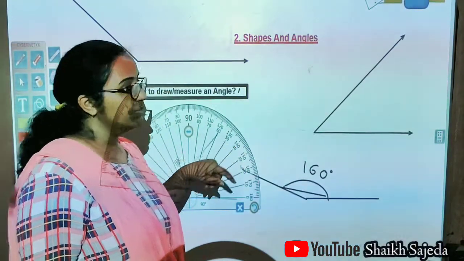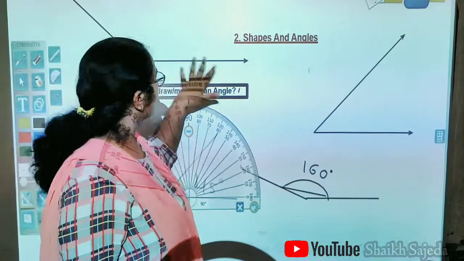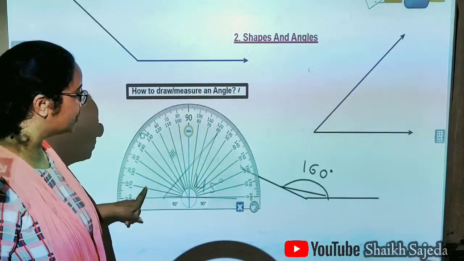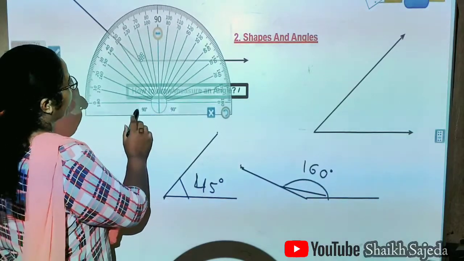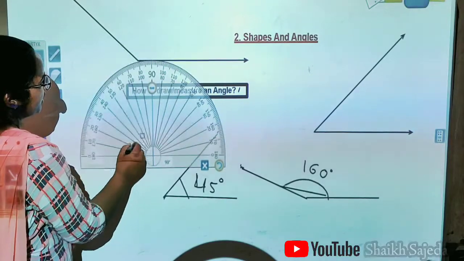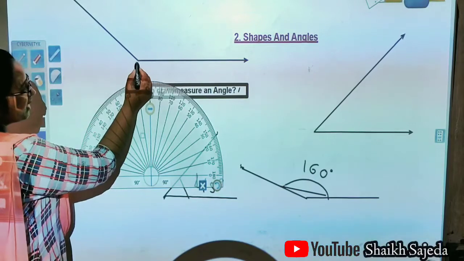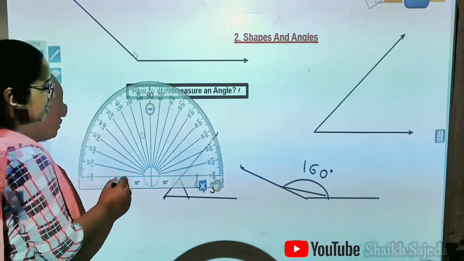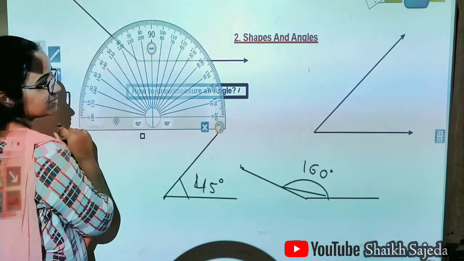They are already drawn and here we have to measure what is the degree of these 2 given angles. So once again to measure also we have to use this protractor. So arrange this protractor on this point. Look here, it is called vertex. This point must be here on the vertex, then only you will get the correct answer. So let's arrange this protractor on this vertex.